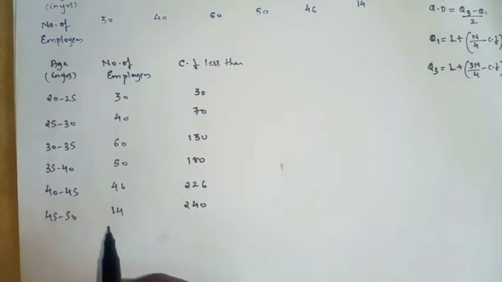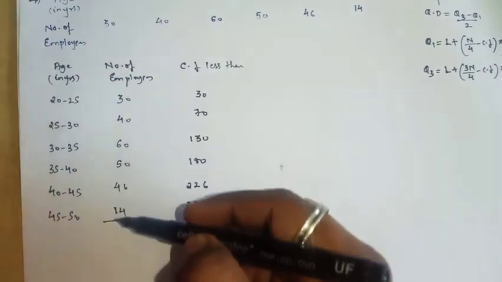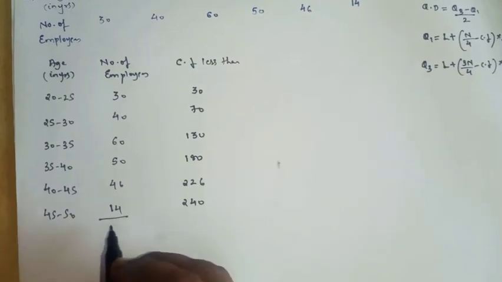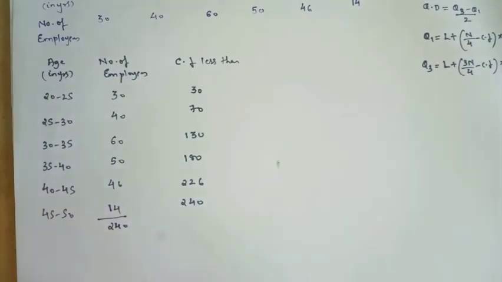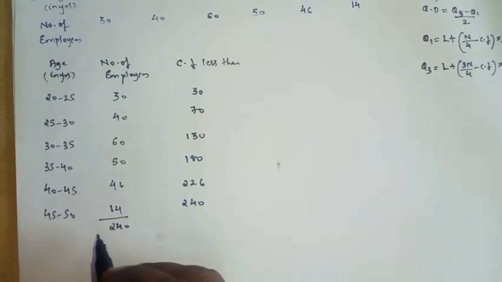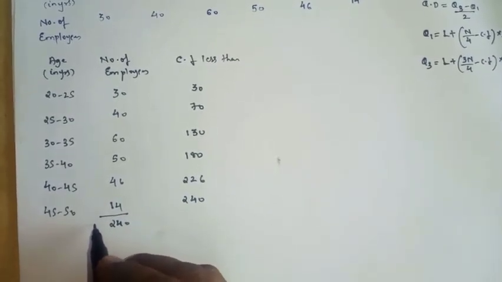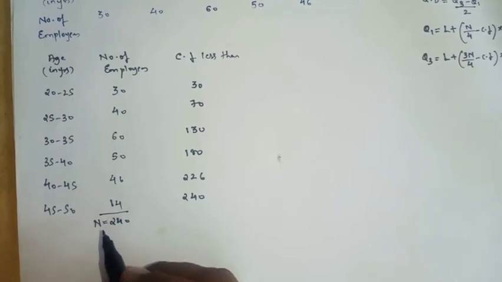Of course when you add the number of employees, here also you get 240. So the number of employees is known as total frequency, and for total frequency we use the symbol capital N.